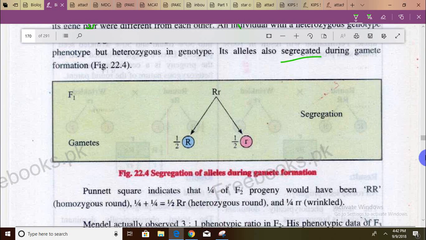So segregation is simply the law that the allele pair would separate. Assortment, random assortment, means that which of the gametes would receive which of the chromosomes is entirely random.